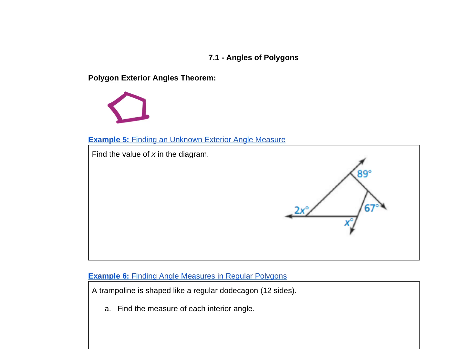If we extended each side out to get exterior angles, look at what happens when I draw something around. We get a circle.